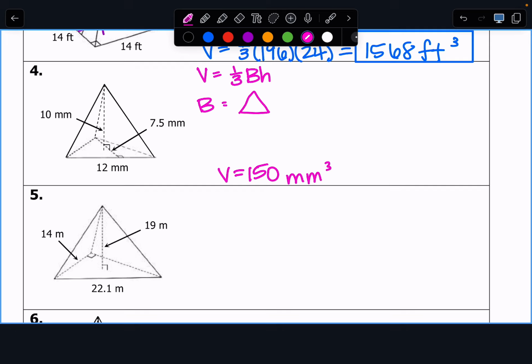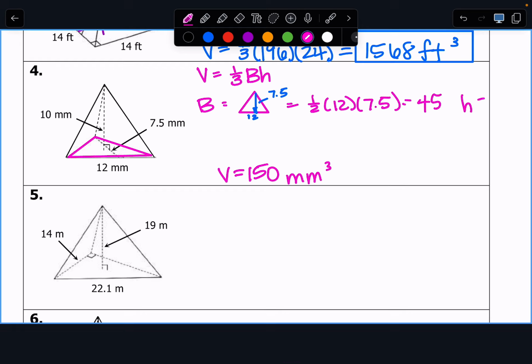Okay, eyes up here. Our base is a triangle that is a base of 12 and a height of 7.5. So when we find its area, 1/2 base times height, what's 6 times 7.5?